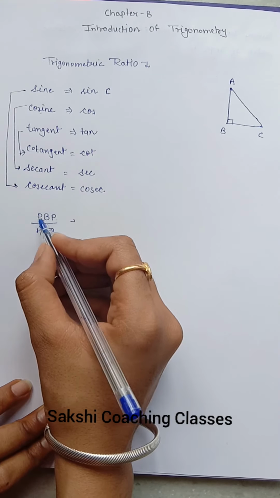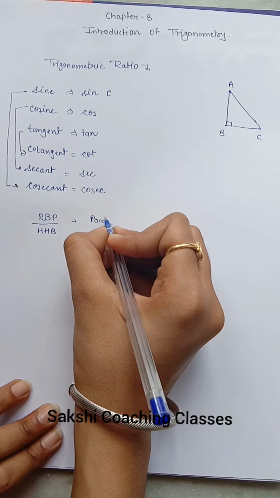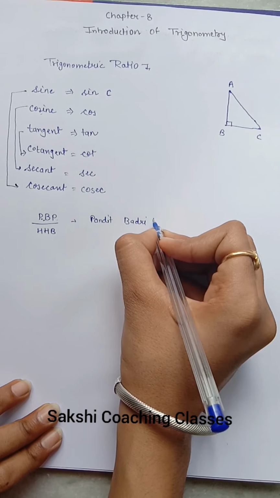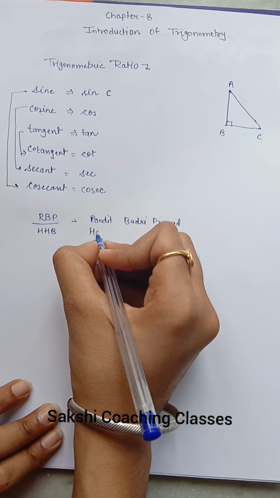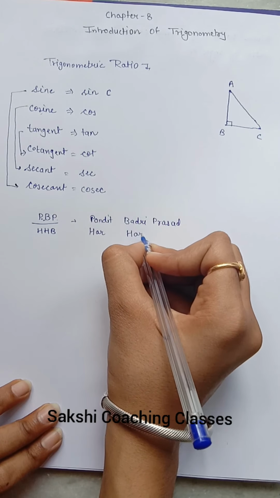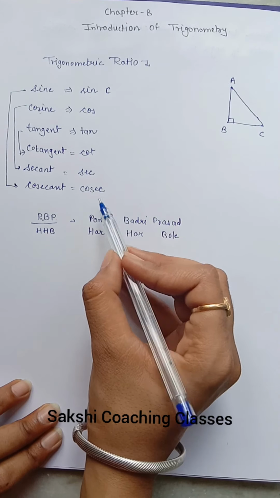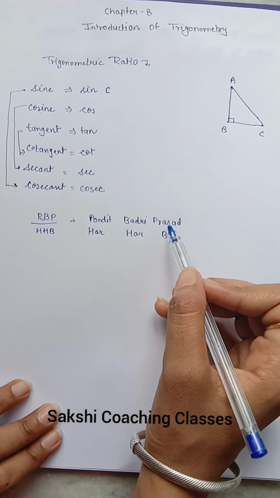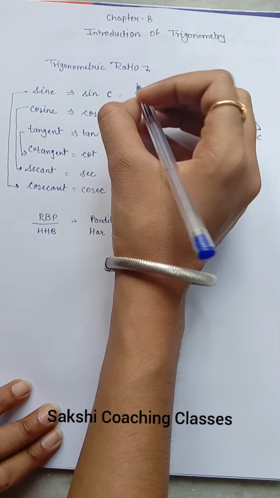So P by H, we can learn it from the trick Pandit Badri Prasad Har Bole. From this trick, you can learn that sine is P by H, cos is B by H, and tan is P by B. So put these here.